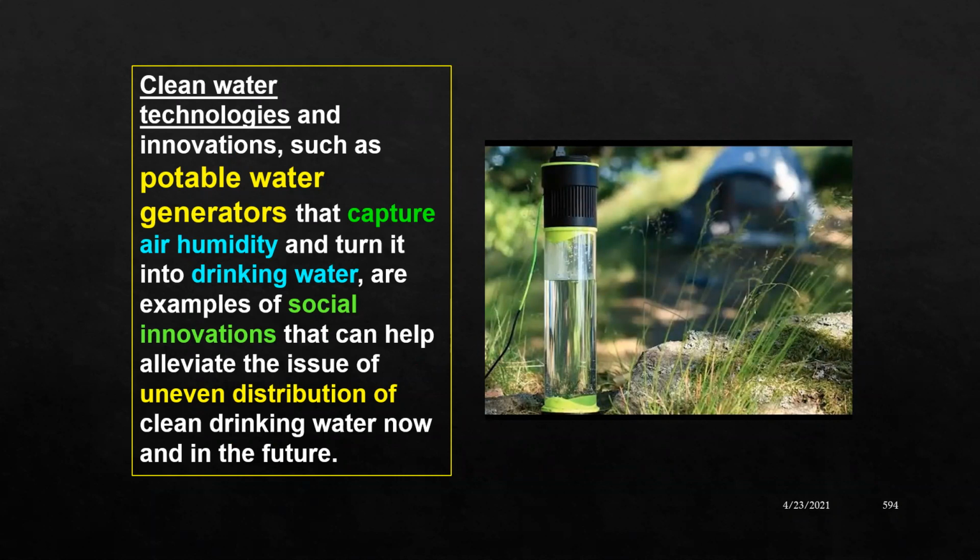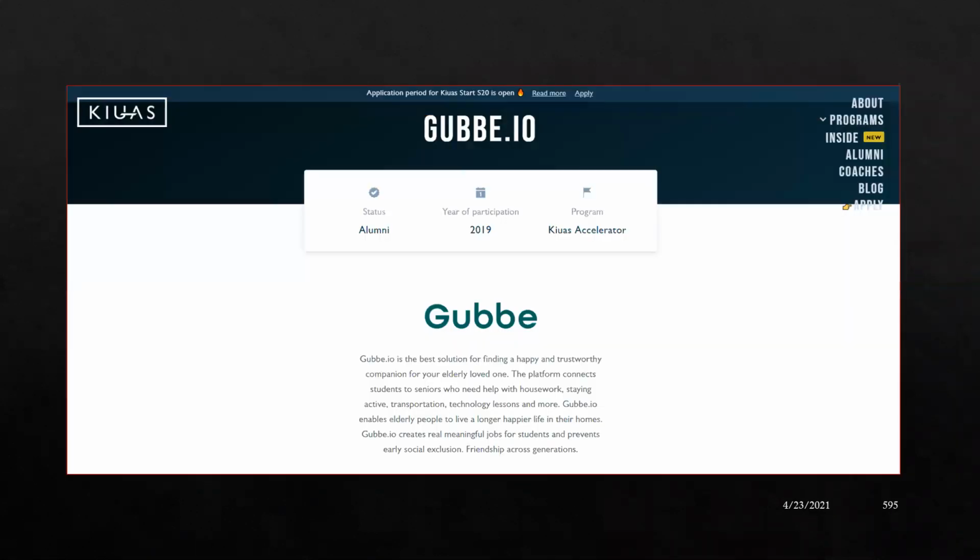We can create innovative products that can extract water from humidity, and we can also connect young students to elderly people, so the elderly will not be lonely, and they can guide these young people with their homework and things like that, and young students can get their grades up, and the elderly will be happier, right?